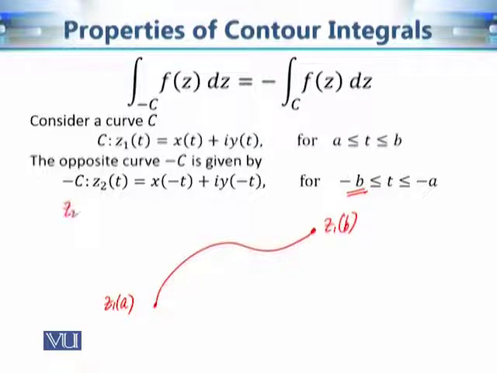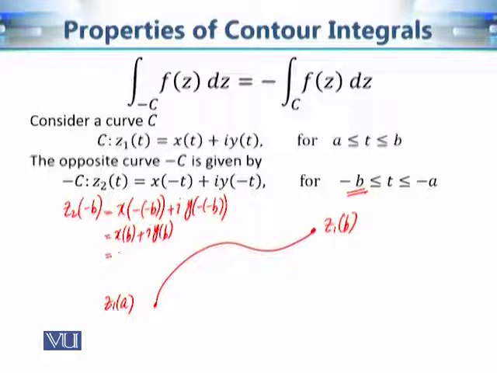So z2 of minus b is equal to x of minus b plus iota y of minus b, which is equal to x of b plus iota y of b, which is in fact z1 of b, the final point of this contour C.